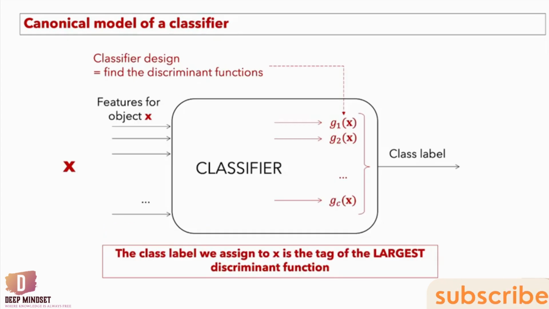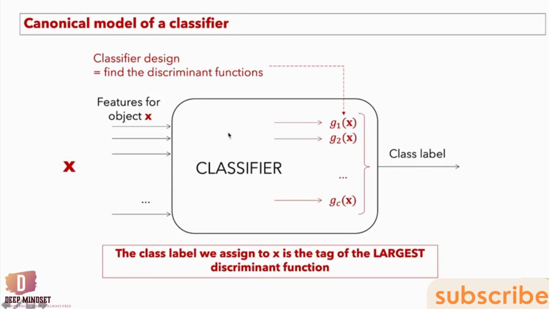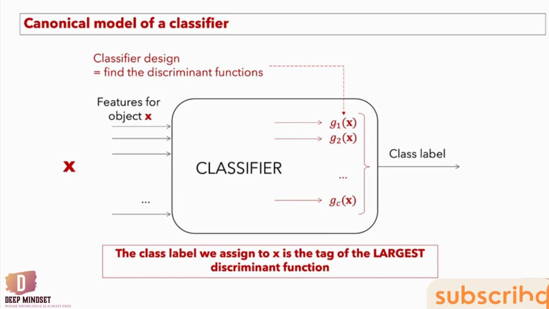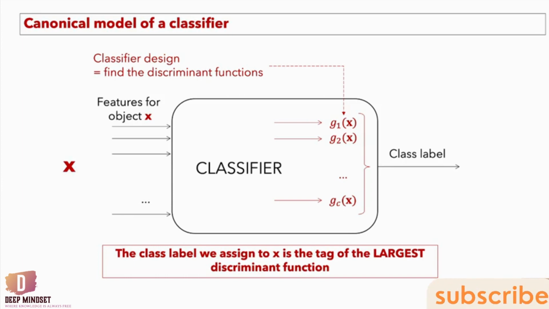And here is a model of a canonical classifier. So you have X features and C classes, and the class label we assign to X, in bold characters here, an object, is the tag of the largest discriminant function. This is something we started to do in the lab, if you remember.